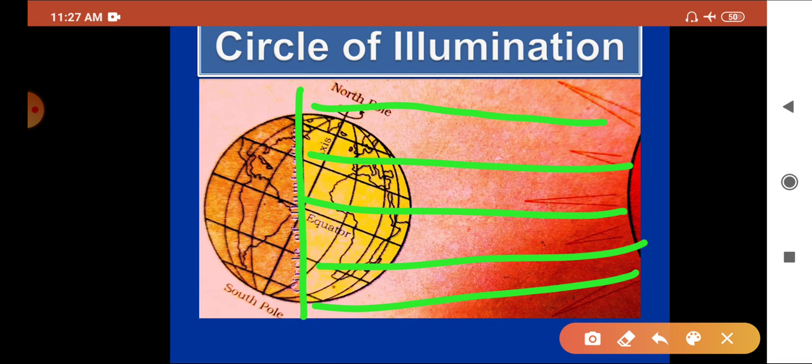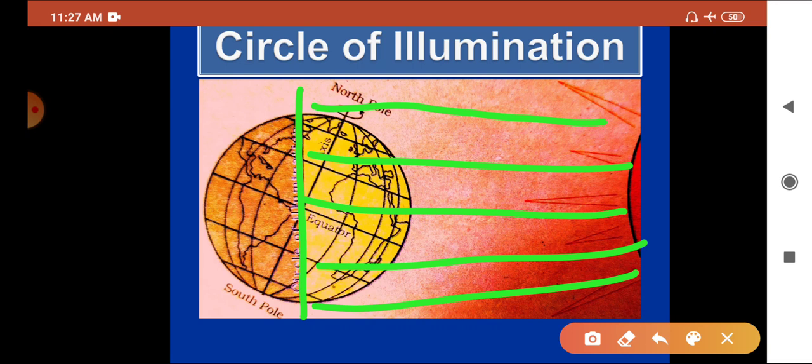This line, which is dividing our earth into day and night, is called the circle of illumination. I hope this point, circle of illumination, is clear to you, because this circle divides the day from night on the globe.